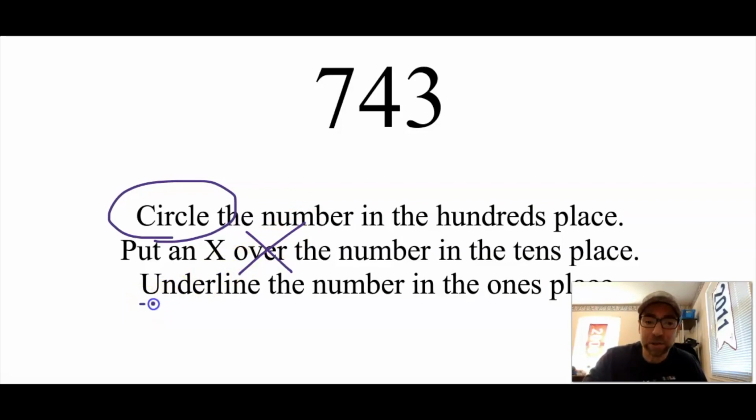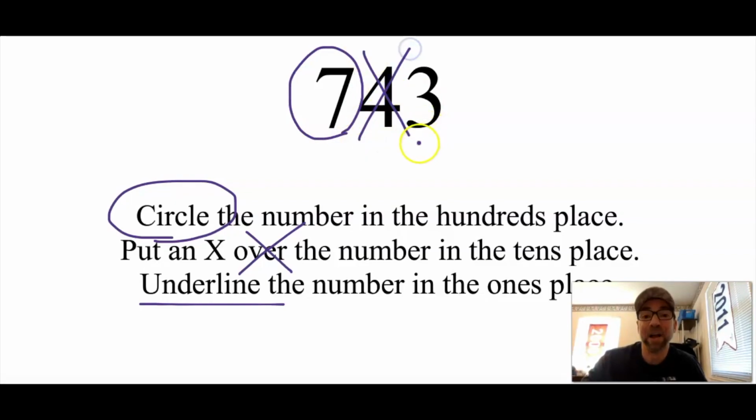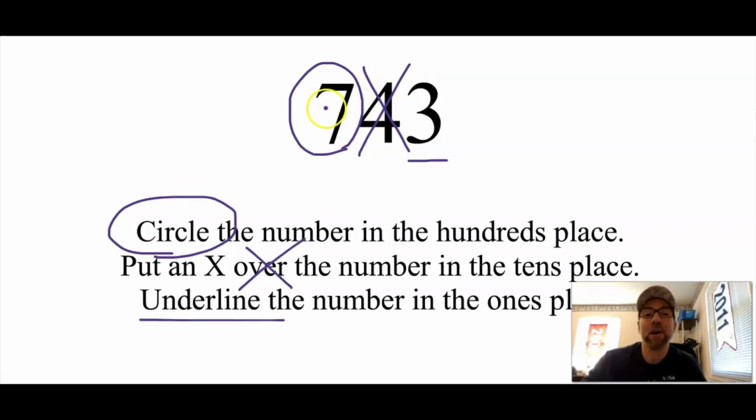And underline the number in the ones place. Did you circle the 7? Put an X over the 4? And underline the 3? Because we have our hundreds, tens, and ones.